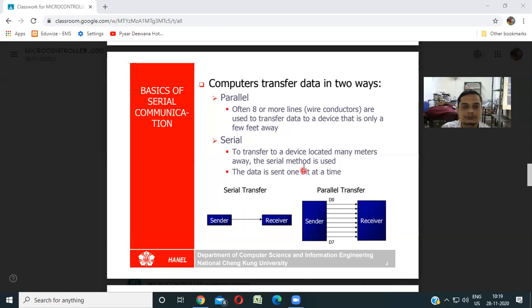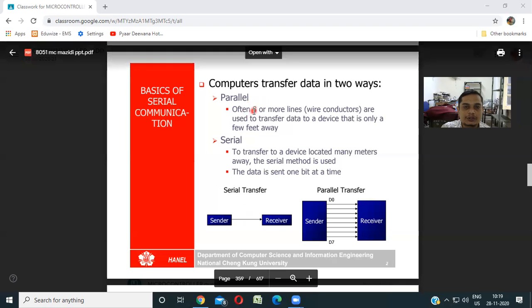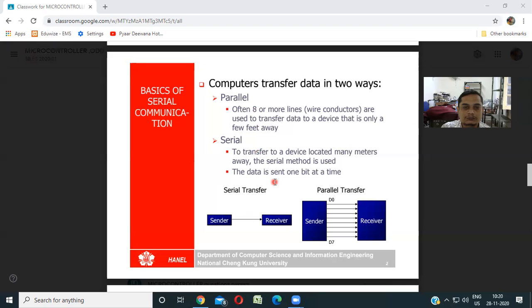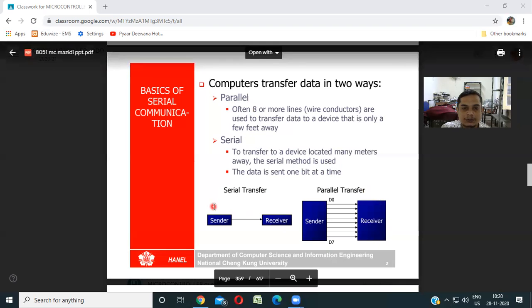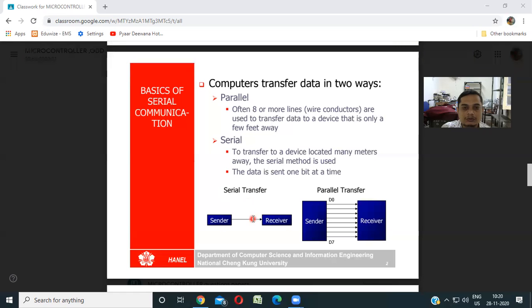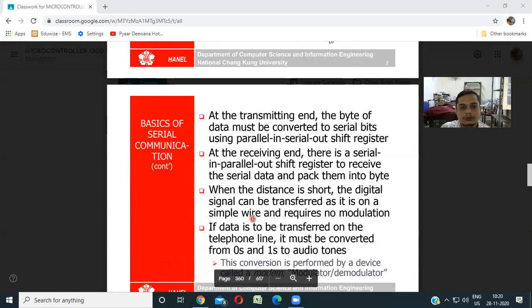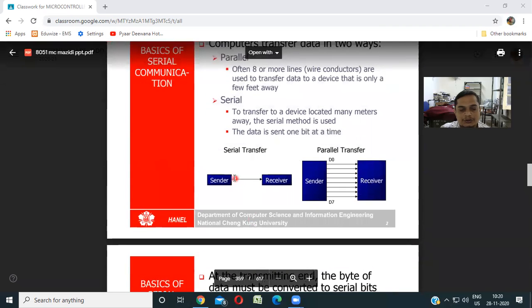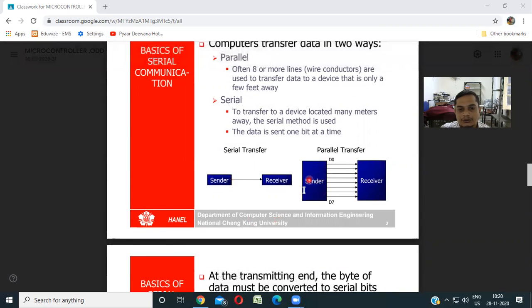Here you can observe the difference. 8 bits are sent at a time in parallel, whereas in serial, 1 bit is sent at a time. Parallel communication is suitable for short distance and serial communication is suitable for long distance. At the transmitting end, the bytes must be converted into serial bits using a parallel-in, serial-out shift register.